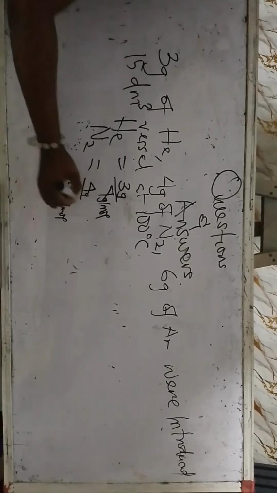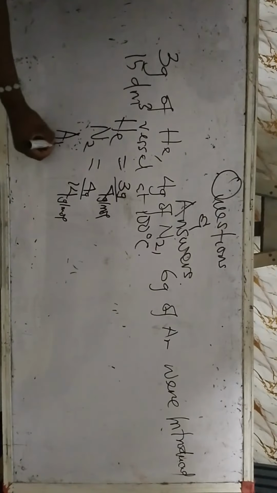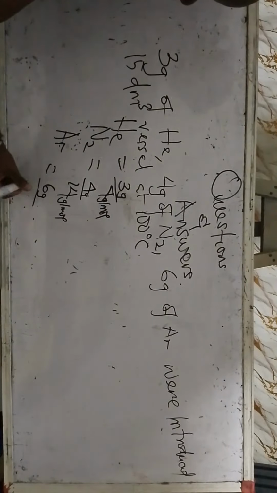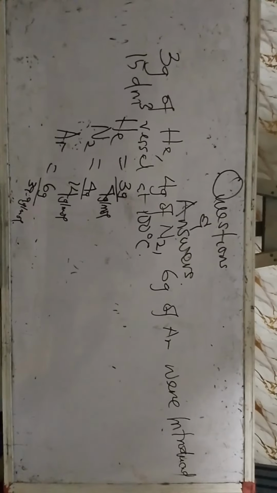You see that gram will cancel gram and we are left with mole, so it means you have calculated it in mole. Then argon is 6 gram over 39.9 gram per mole. So somebody should do the calculation for helium number of moles, nitrogen number of moles, and argon number of moles.